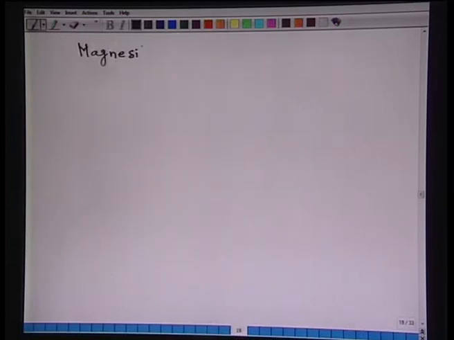Another example, magnesite chrome bricks. Naturally, the MgO content of these bricks is greater than the chromite.